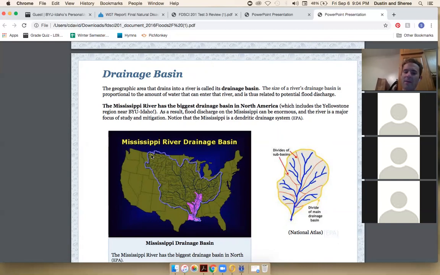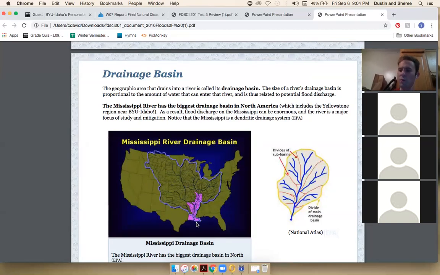Okay, so everything up in Montana, parts of Canada, all the way over to Colorado, Wyoming, parts of New Mexico, all the way over into Pennsylvania, New York, areas of that, all of this water is going to drain from all these mountains and areas into the Mississippi River down in here.